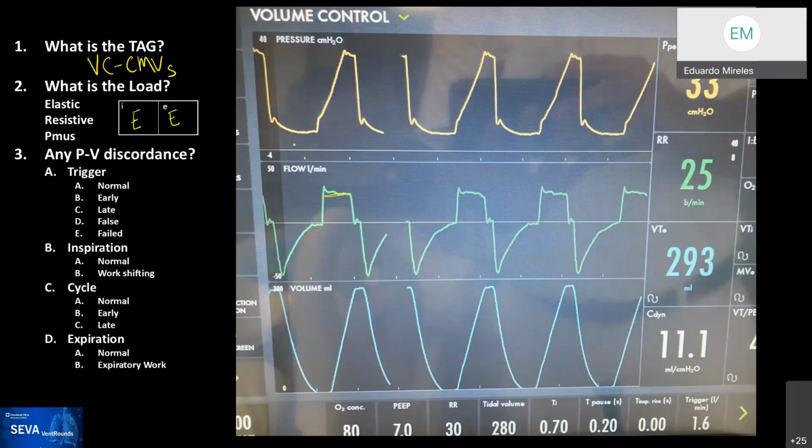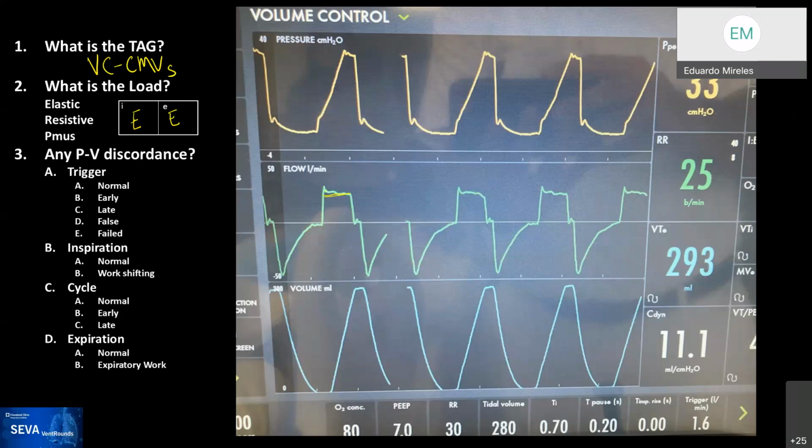Unless there was some sort of reverse trigger occurring, or early trigger, as we call it, that may explain that. But otherwise, I don't see any activity before, and I don't see any activity after in the flow waveform. So that should raise the question: is there no PMOS, or is there something else? And now the question is, why is there all this irregularity occurring here?